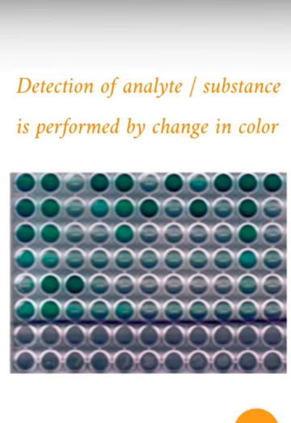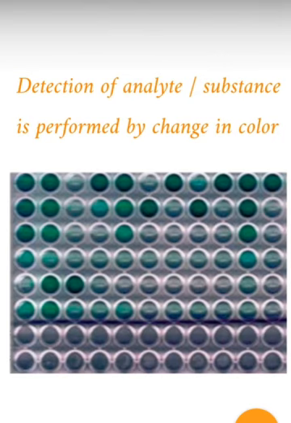If the person's sample contains HIV virus, then it will give colorful results in this microtiter plate. But if the person is free of infection, then it will not give any sort of coloration, meaning the person would not be identified with HIV virus.